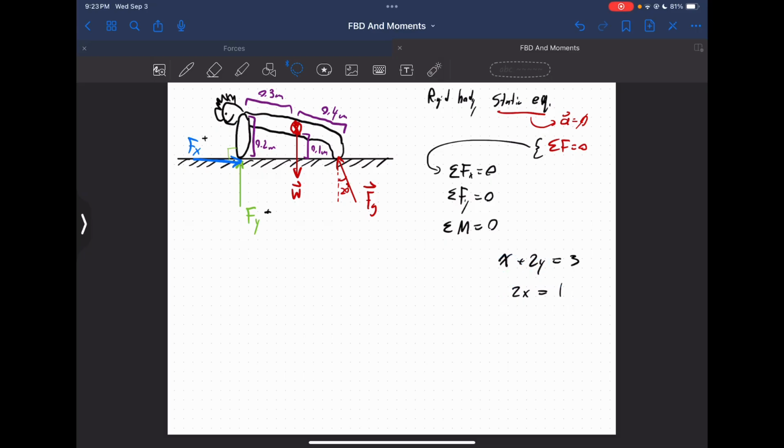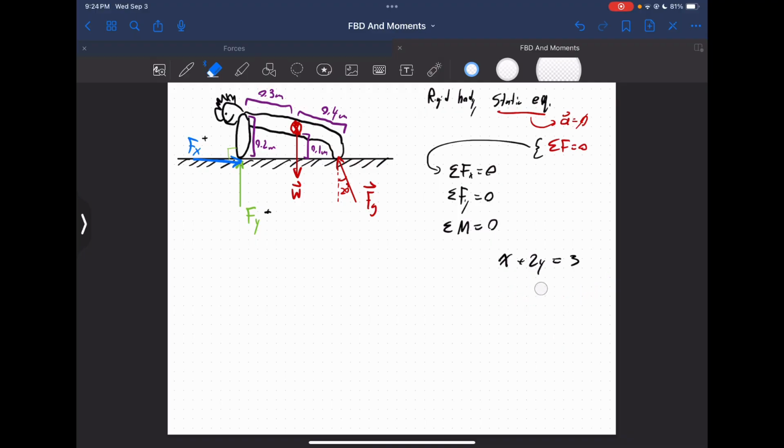So we can solve for x and y. But if we just had this top equation, we have 1 equation, 2 unknowns. We can't solve for anything. But we have 1 equation and 1 unknown, so we can solve for it.